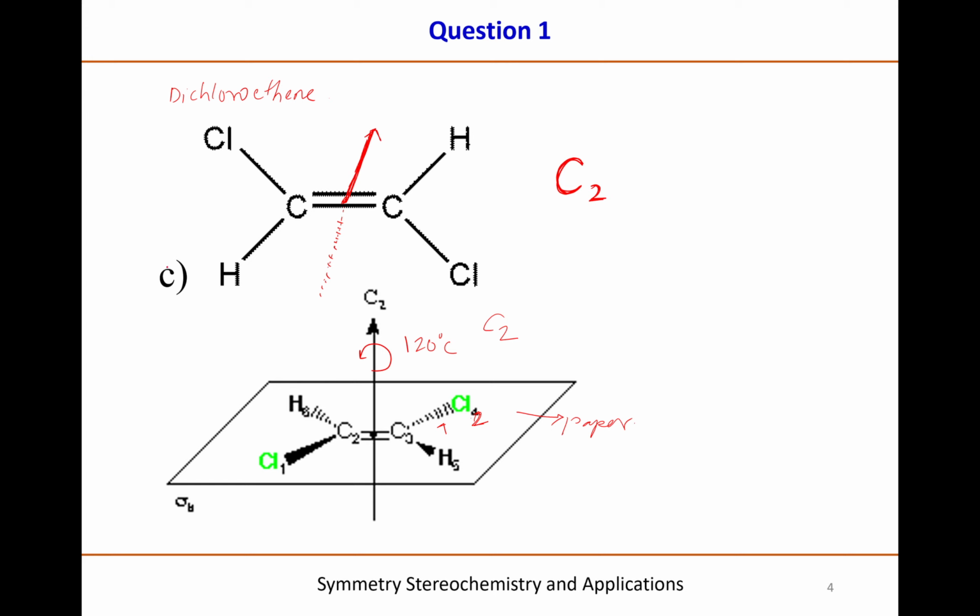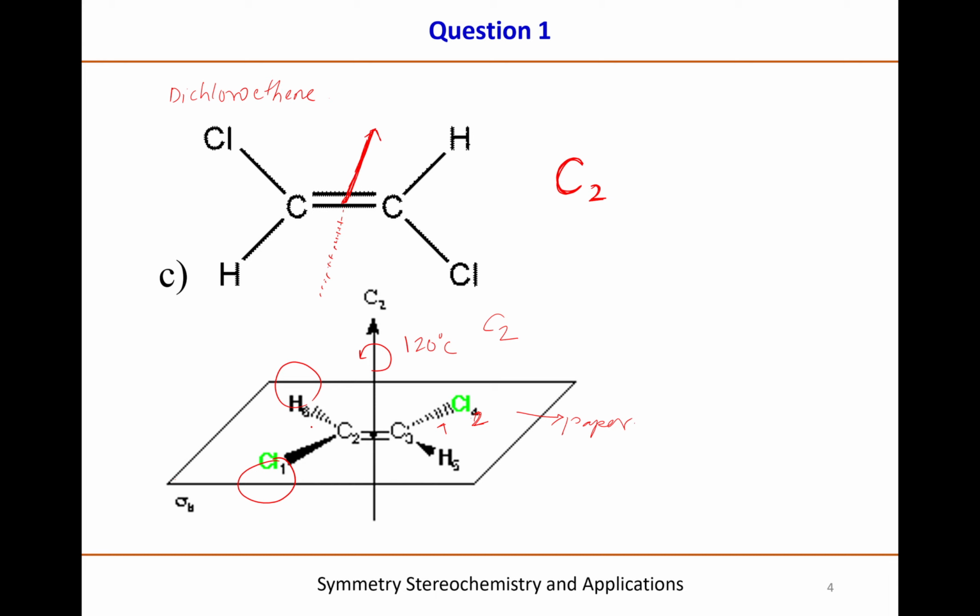Okay. Now let's talk about the plane of symmetry. Any plane of symmetry you can see here? Yeah, this plane, right? This plane is passing in the same plane of the paper or screen, whatever you are considering, right? So all the atoms will be cut in half, like this atom is here, this is here.